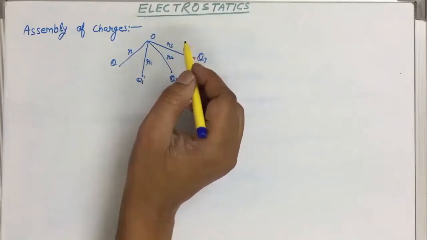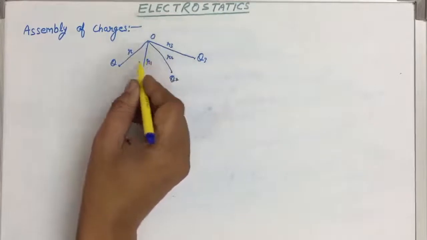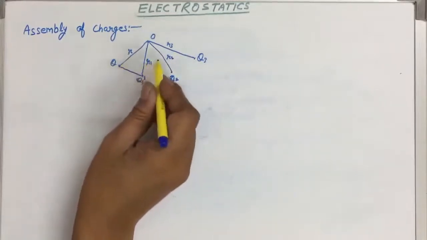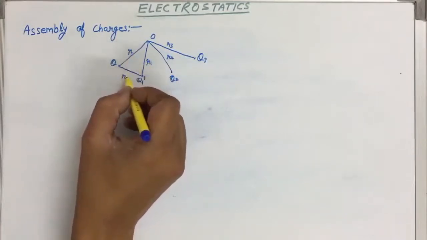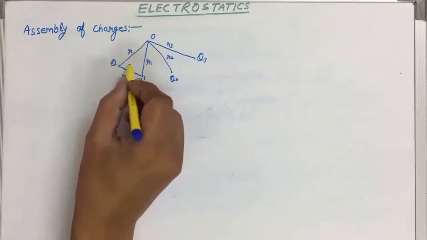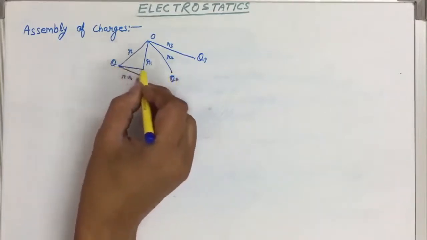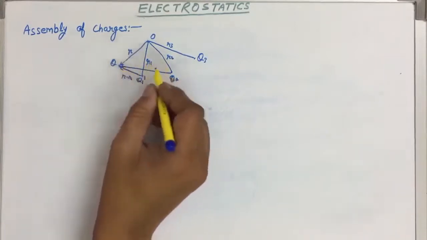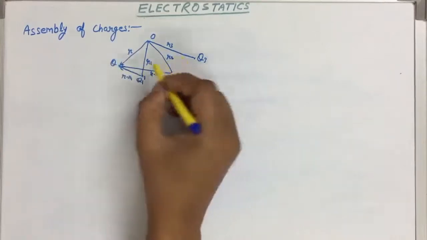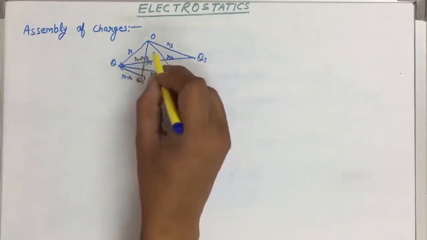Now if we wish to find the net force at this, then force due to this, that is R minus R1, you can say R minus R1 will be this position vector, R minus R2 will be this position vector, and R minus R3 will be this position vector.